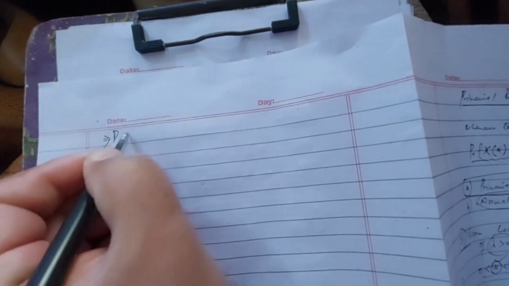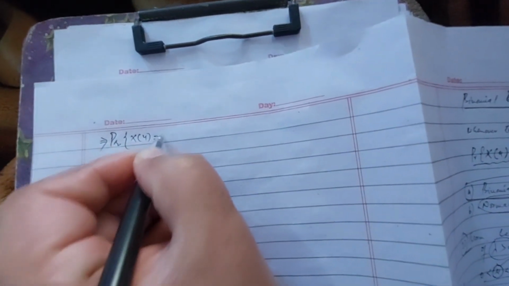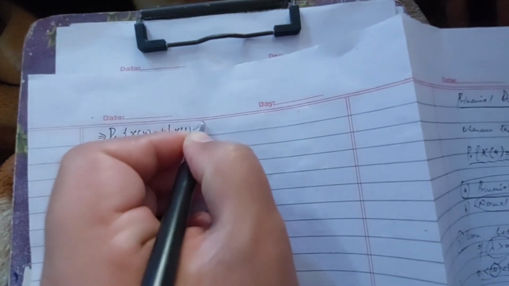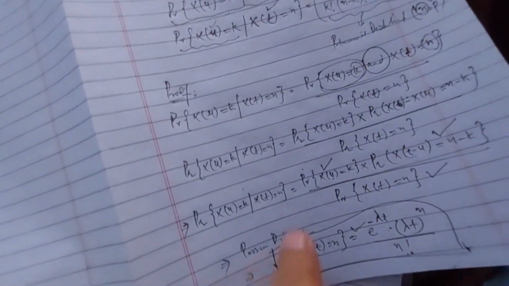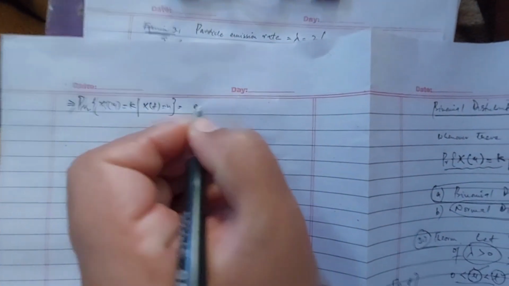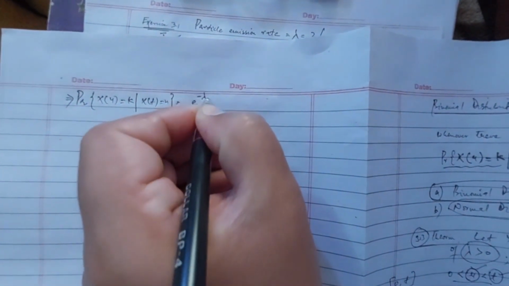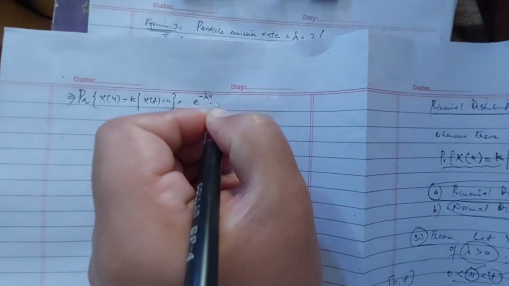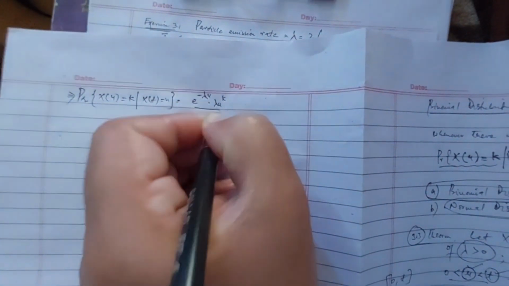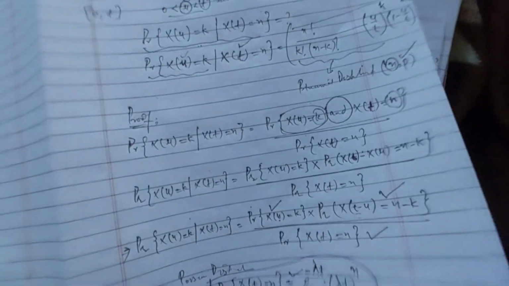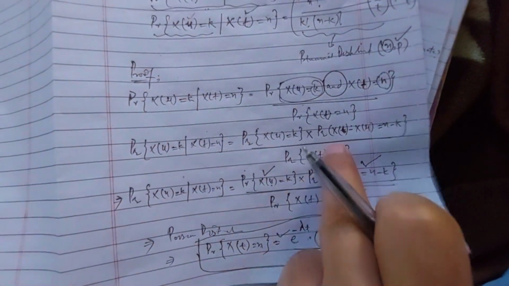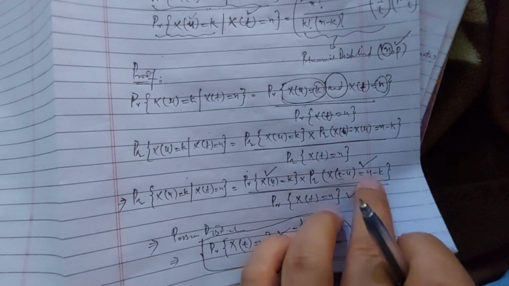So putting those values, the probability of X(u) equal to k given X(t) equal to n is equal to, the first one is the probability of X(u) equal to k, so it will be equal to e raised to power minus lambda u times lambda u raised to power k divided by k factorial, multiplied by the second one, the probability of X(t minus u) equal to n minus k.